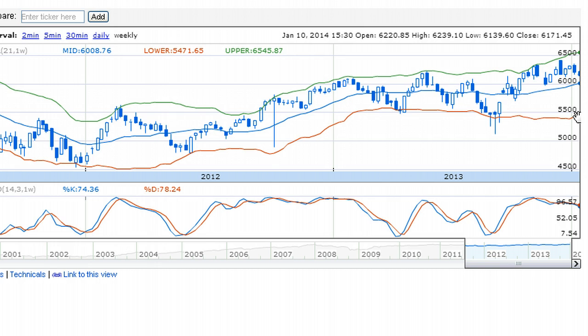The mid pivot line is 6008. The upper is 6545. So mostly you can hear people saying on TV that the Nifty range for 2014 is 5500 to 6500. So basically even the TV market analysts look at these values and are only going to tell you that.